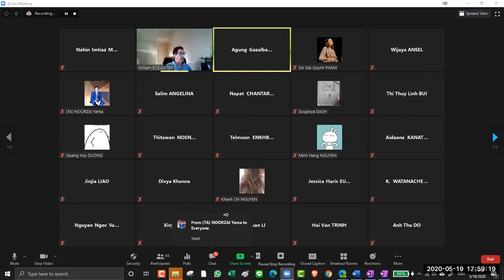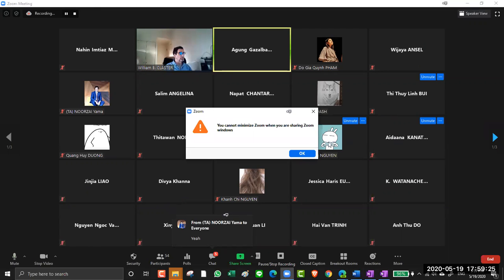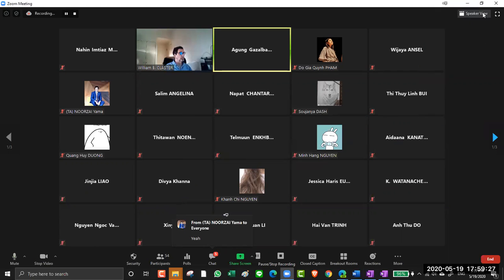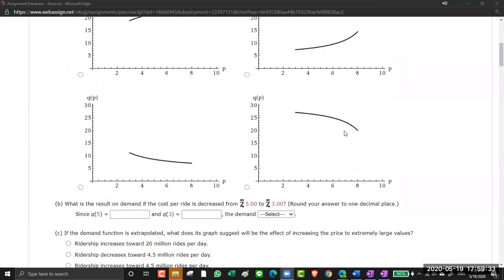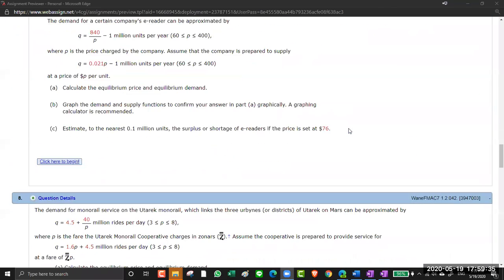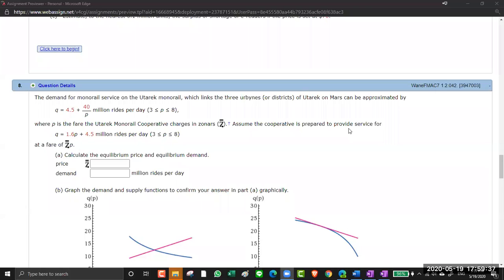Okay, sir. Yeah. I have a question regarding question number 8. I followed the website's steps to determine shortage or surplus. It's demand minus supply. This is number 8, right? Can you see my screen? Yes.